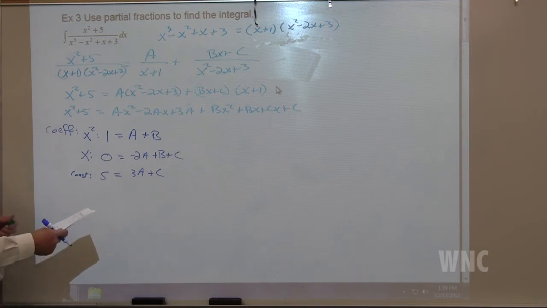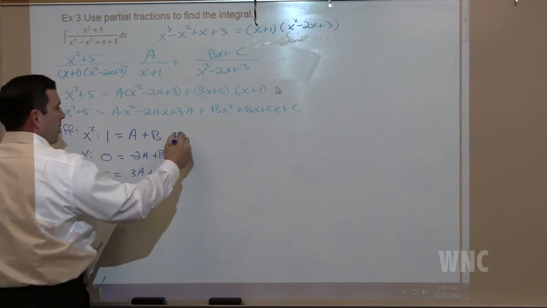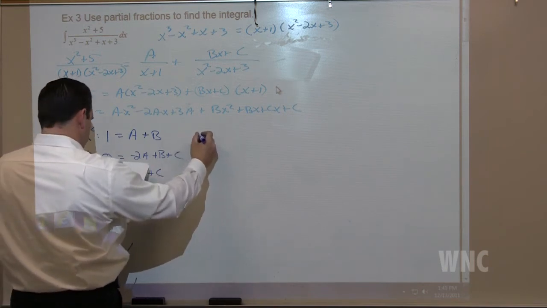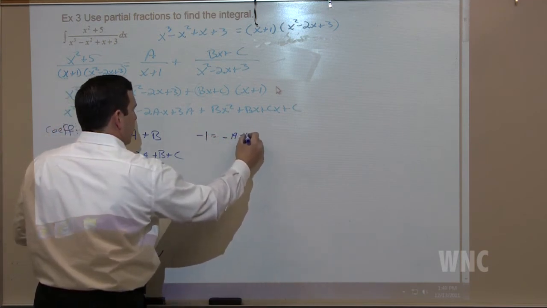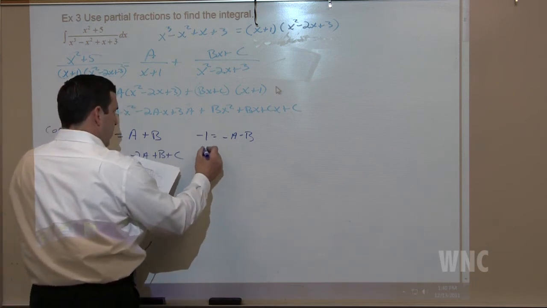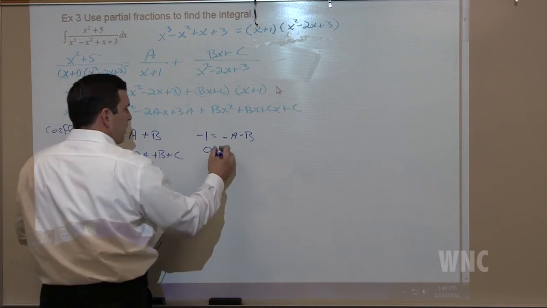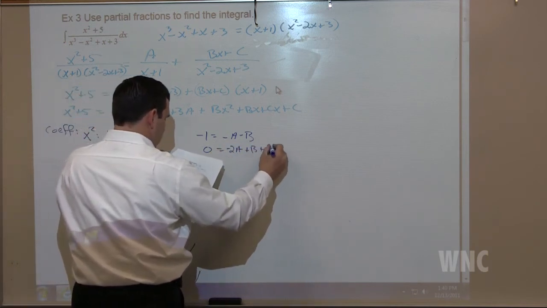Now we need to come up with a relationship between a and b. So we could say that we have negative 1 equals negative a minus b if I multiply this by negative 1. In the next row we have 0, just bring this over: 0 equals negative 2a plus b plus c.